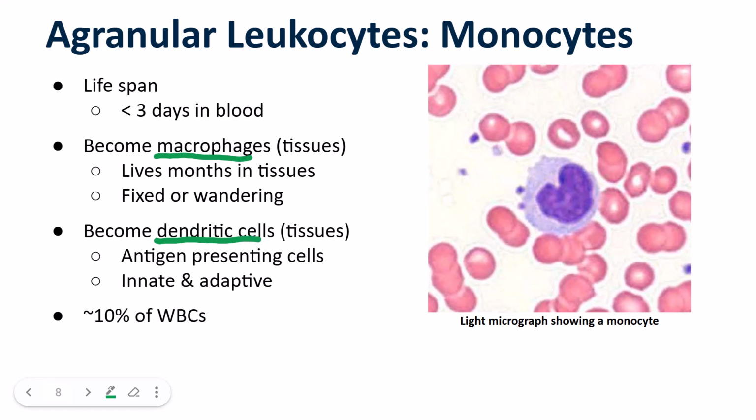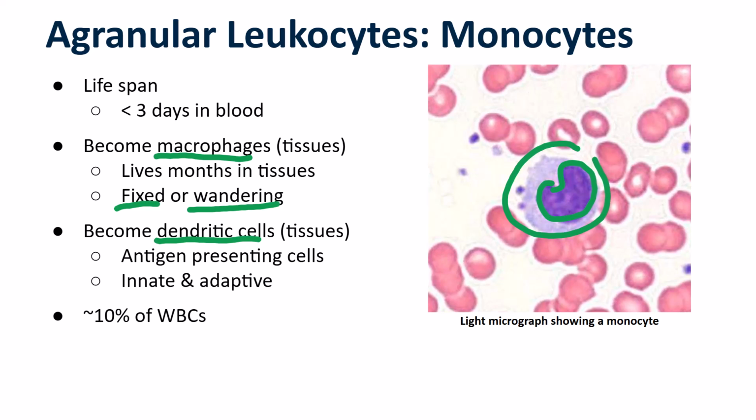So macrophages live throughout tissues where they can exist for months. There are various types of macrophages: fixed, where they stay in one place, or wandering macrophages, which can move throughout tissues. Here's an example of a monocyte, and typically they have very robust kind of U-shaped nuclei, but you'll notice that there aren't any granules in there, so it's a very clear agranular leukocyte.